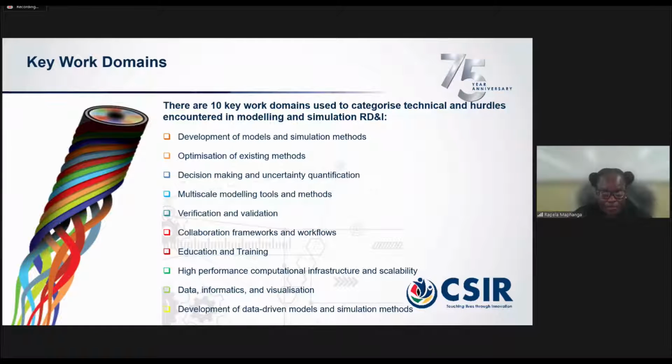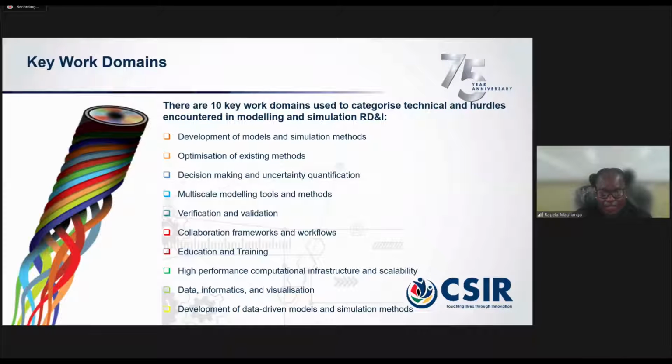Then we also have some ideas on high performance computational infrastructure and scalability. Then lastly, we have programs that are related mainly to data-driven modeling and simulation, where the first one is about the data informatics and visualization. I believe we're all aware that since the beginning of science, there's been gathering or generation of data that is sitting somewhere else.